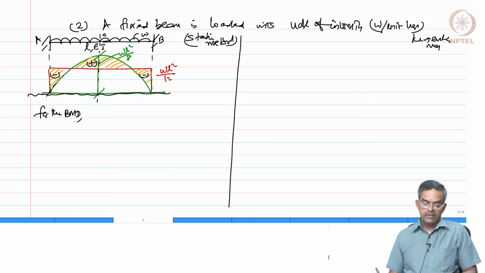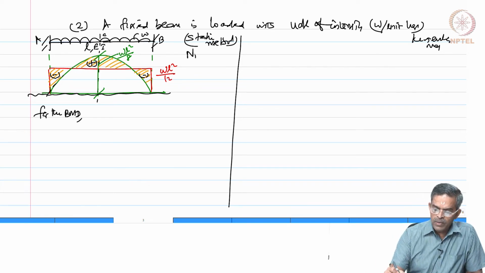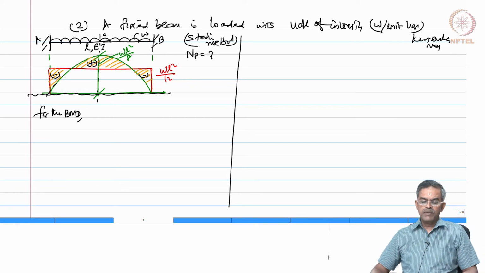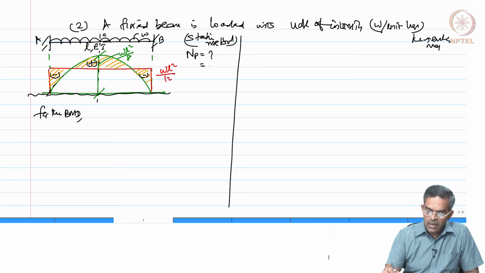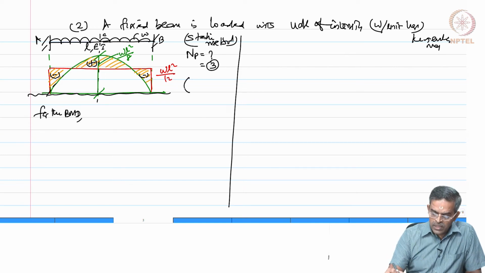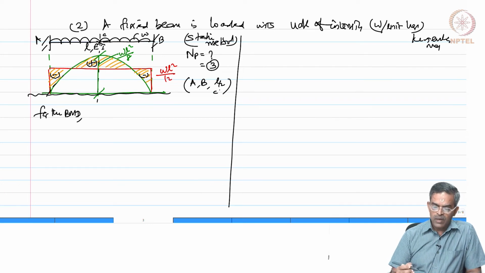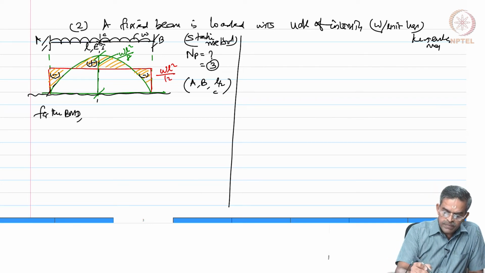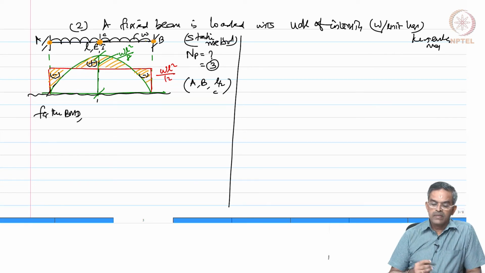Let us analyze this. Let us first ask a question, how many hinges are required for this beam? It is a fixed beam, it has got static degree of indeterminacy as 2. So, we need 3 hinges to make it a mechanism. So, let us assume these hinges are at A, B and midspan, which is C. Now, I have a hinge here, here and here, right.